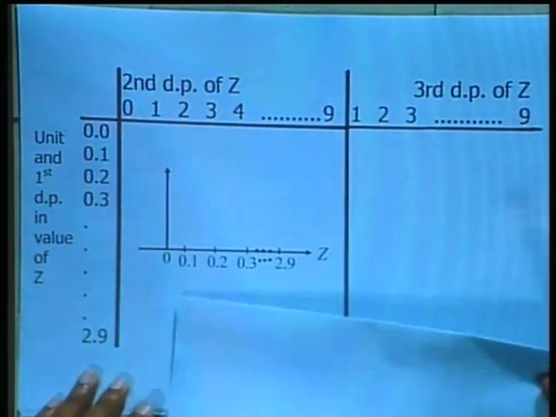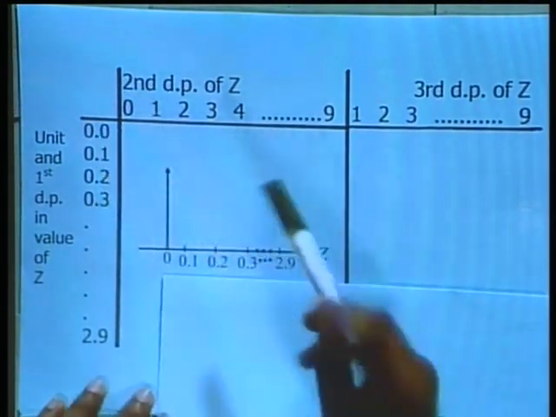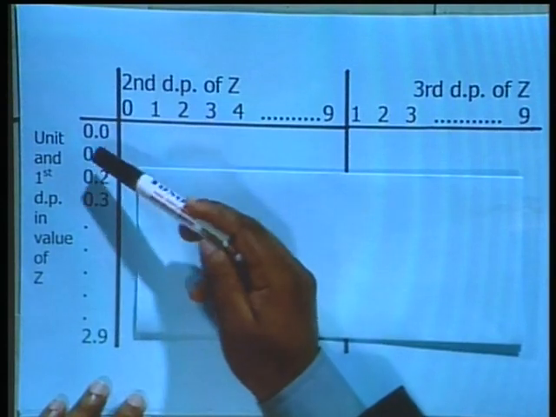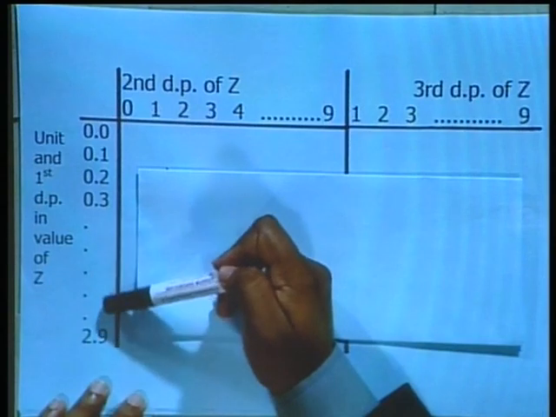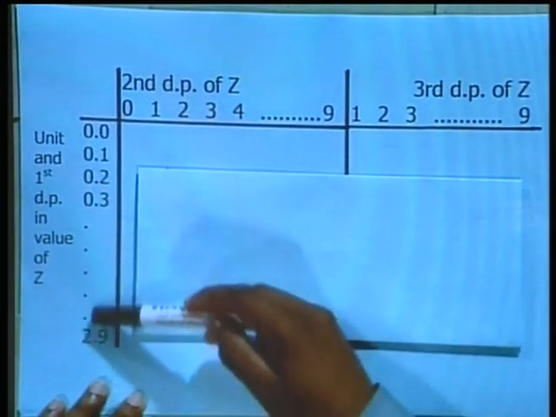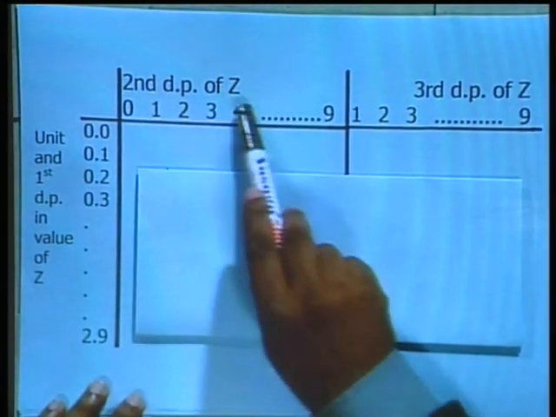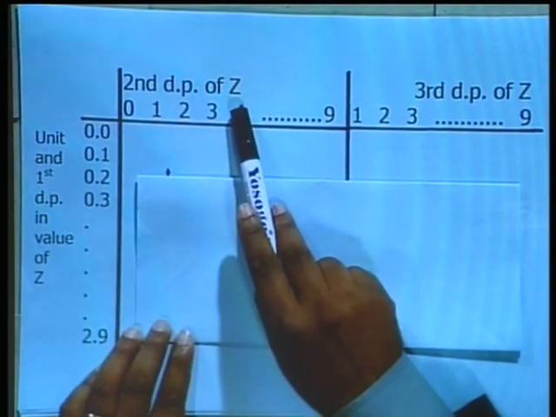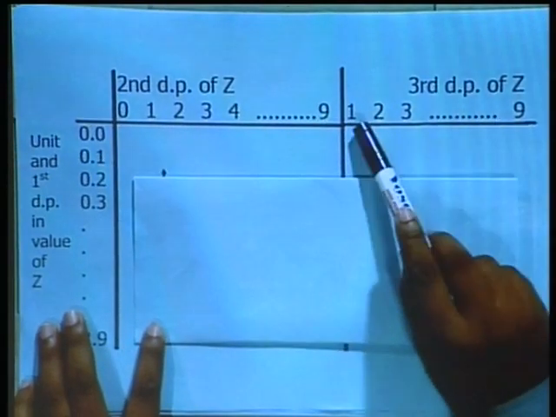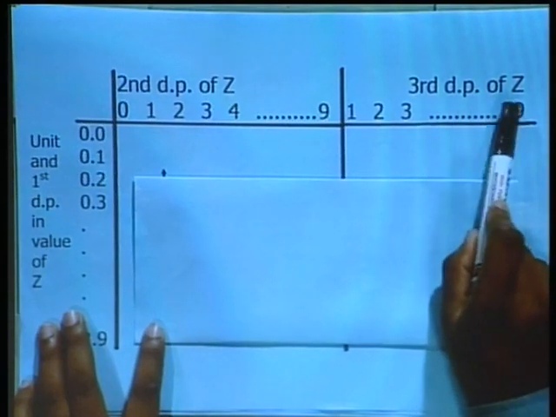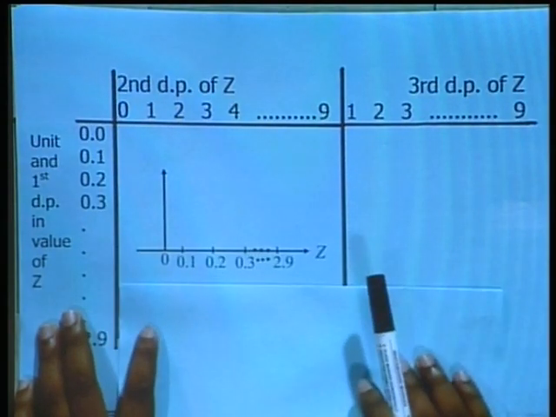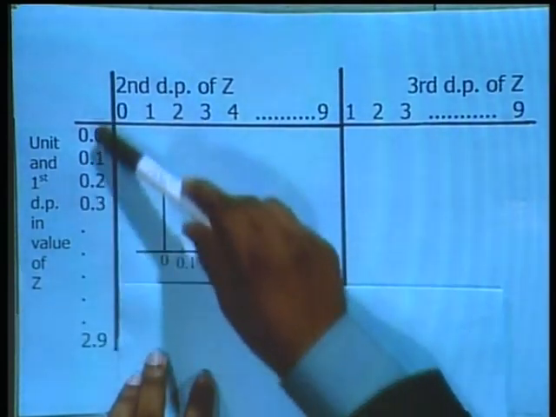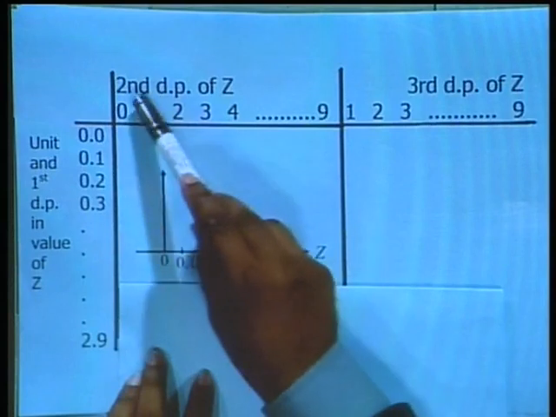It is divided into 3 regions. The first column here contains the unit and the first decimal point in the value of Z. So all the values in this column are values of Z. The values on the top between 0 and 9 are the second decimal points in the value of Z. And here, these digits represent the third decimal place in the value of Z. If we compare it with the Z-axis, you will find that only the positive Z-axis is represented in this normal table, in the first column and the top row.